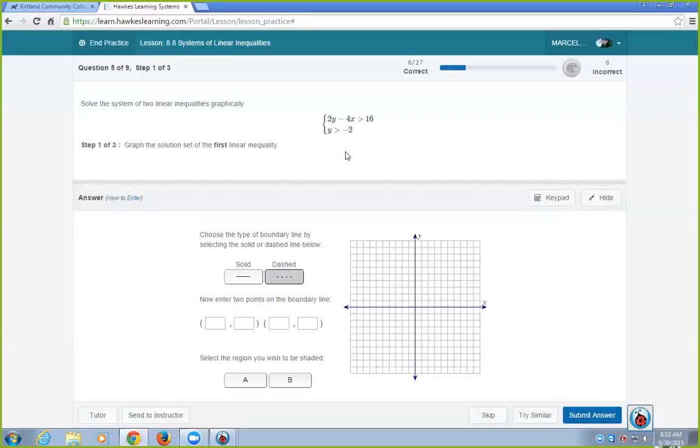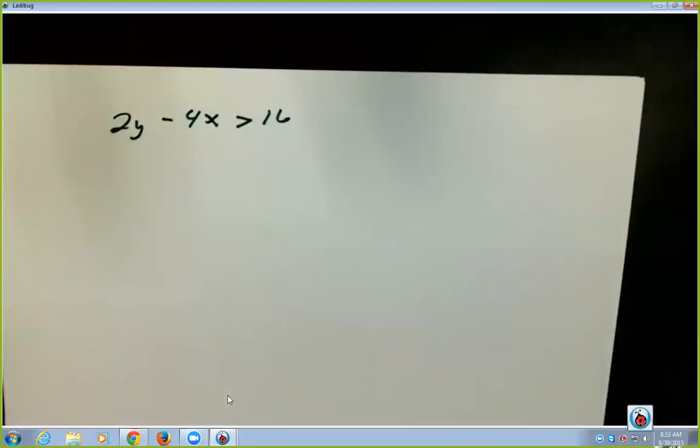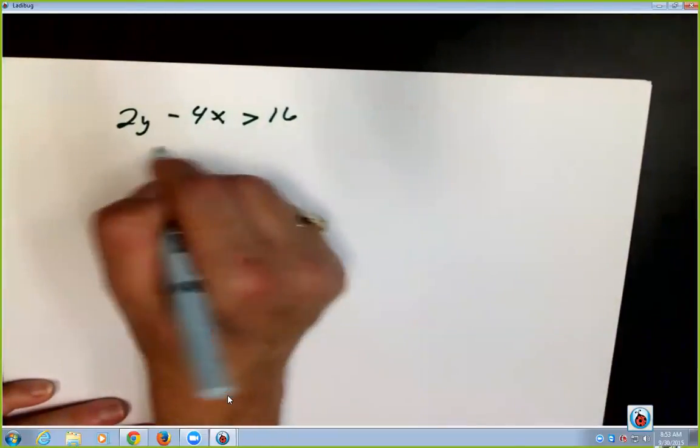So 2y minus 4x is greater than or equal to 16. And let me switch back to my ladybug here where we can solve it. And so if I solve it, I need to move my 4x over.